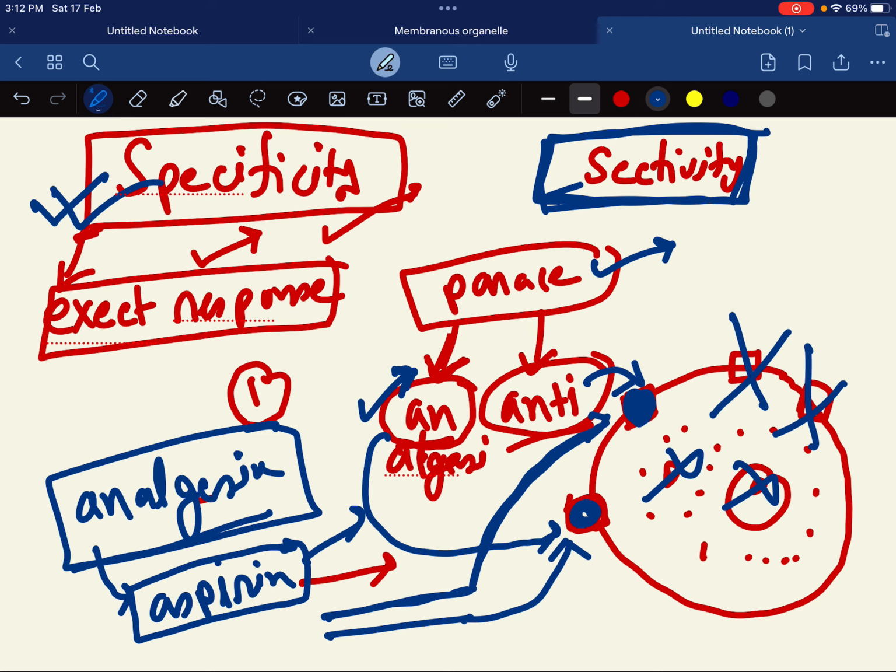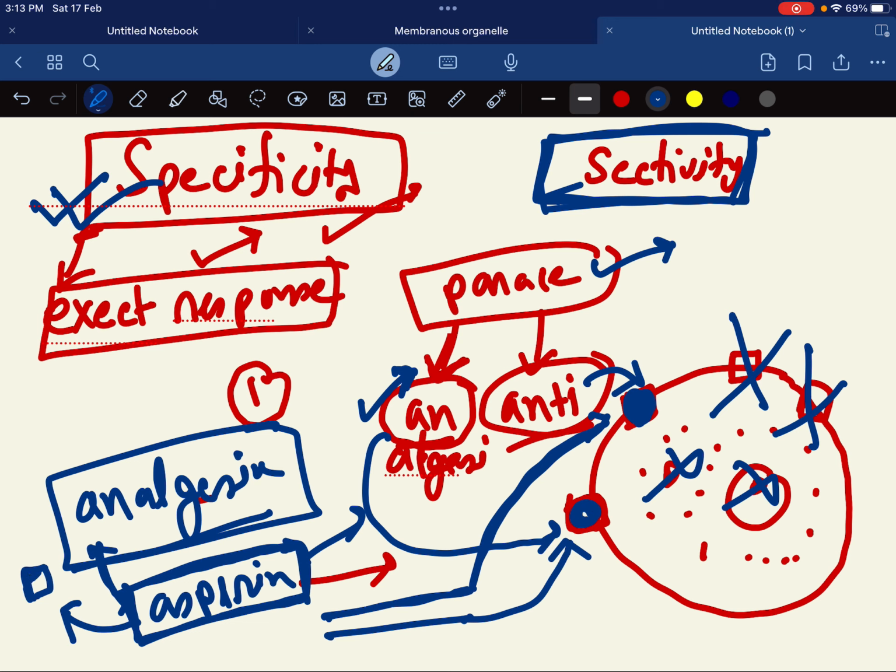There are a lot of examples in your books. There are many comparisons. Again, for aspirin, you can say that aspirin causes analgesia, and aspirin has some antiplatelet functions. So for specific antiplatelet action, will you want to give aspirin or any other more potent drug specific for antiplatelet activity?